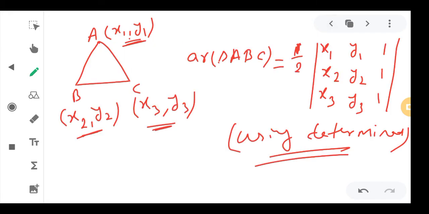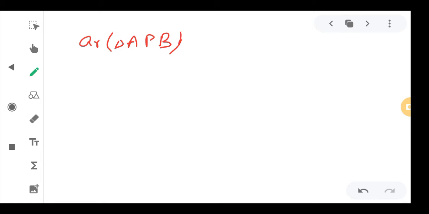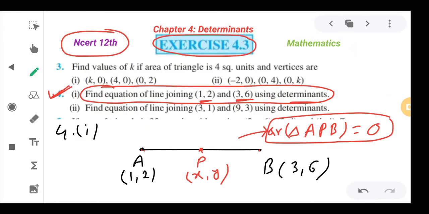Now, what will be our area for triangle APB using the determinant method which I told you in this slide? Area will be half of the determinant. A point is (1, 2), this is (x, y), and this is (3, 6).